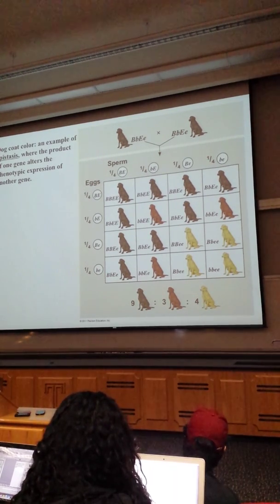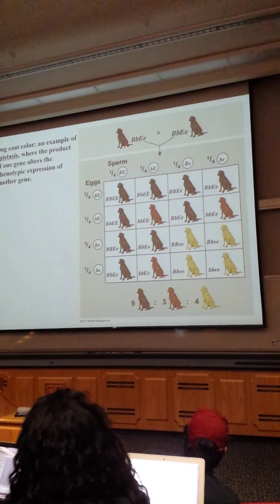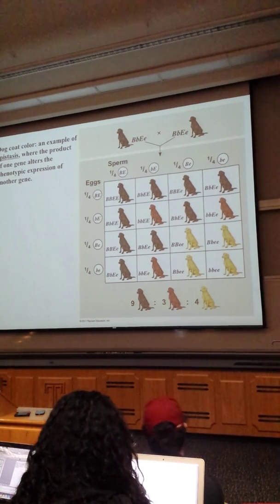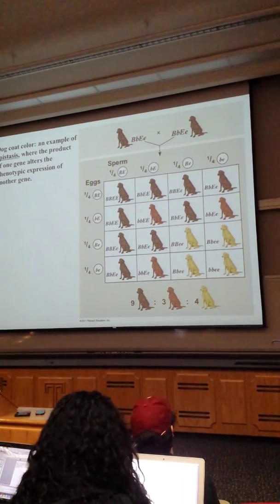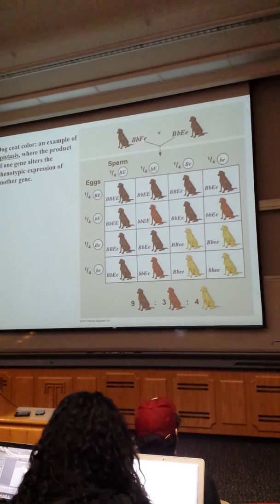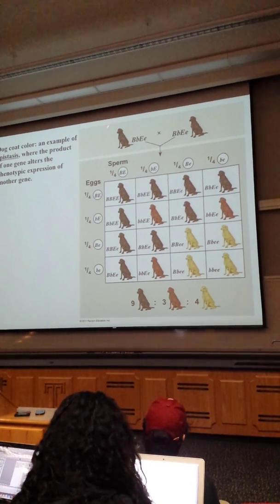So, for example, if you have a lot of that transcription factor around, and it is binding to the gene that encodes an enzyme for making pigment, you're going to get a dark-coated dog.